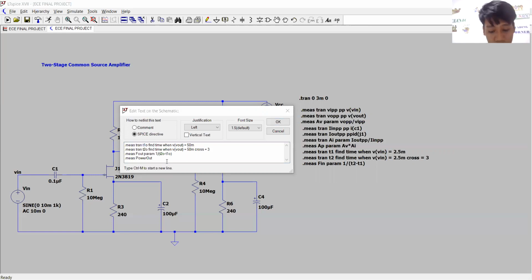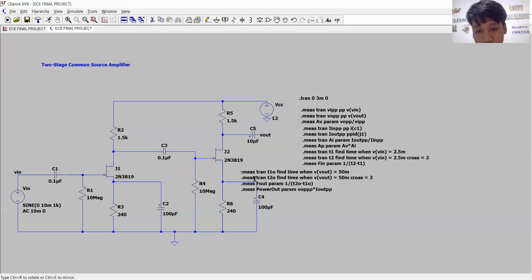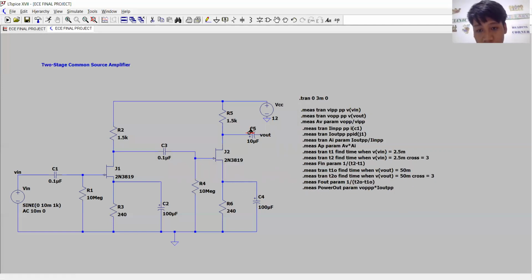Iout, IoutPP. Measure power out param VOPP times IOPP. And with that, we are done with the transient analysis.